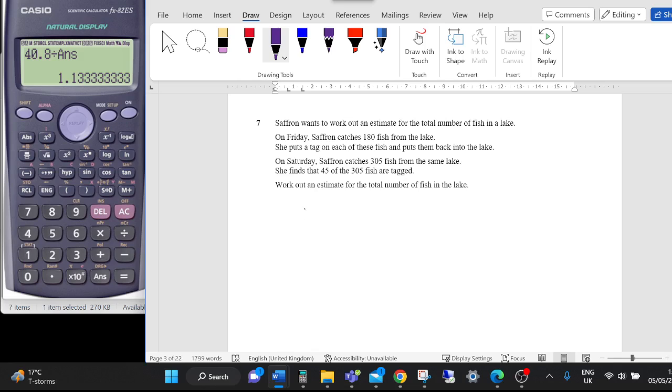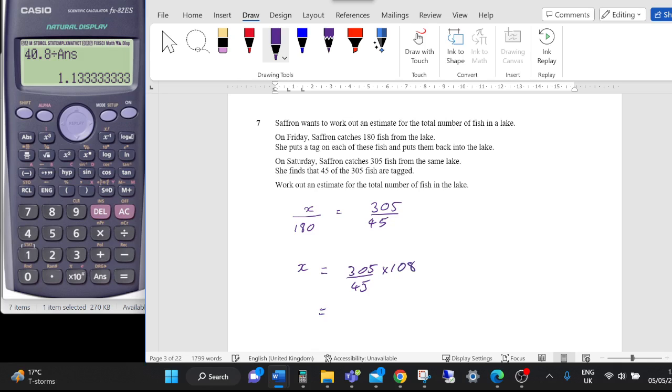So I'm going to go, the population out of 180 is going to be equal to the number of fish caught the second time over the number that were tagged. So the estimate for the population in the lake is going to be 305 divided by 45 times by 108.